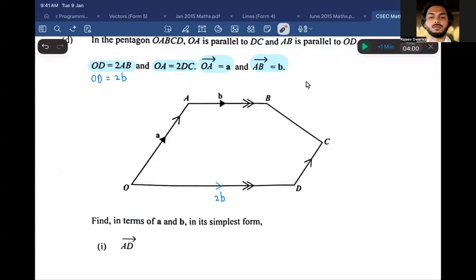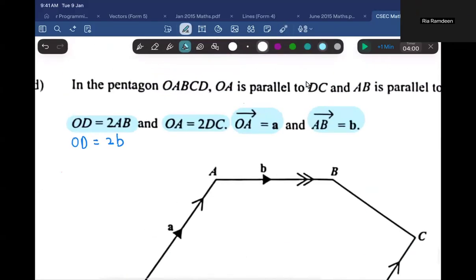Right, so Ria, they are saying OA is equal to 2DC. Hold on, I lag. OA is equal to 2DC. Yeah. What is OA? A. Okay. So hence we could write A is equal to 2DC. I didn't confuse you there, right?